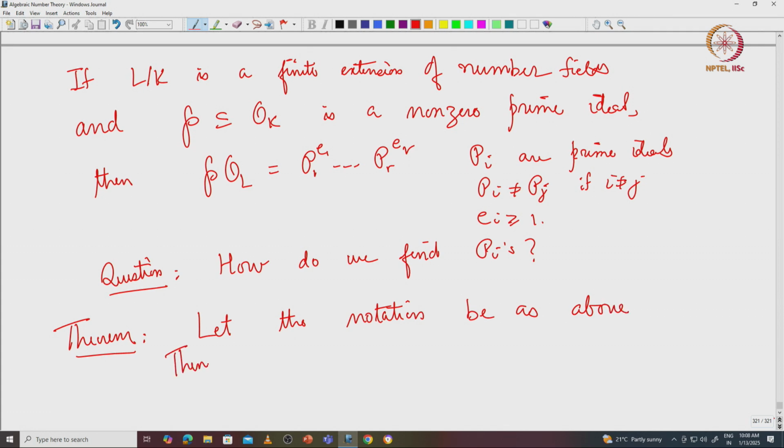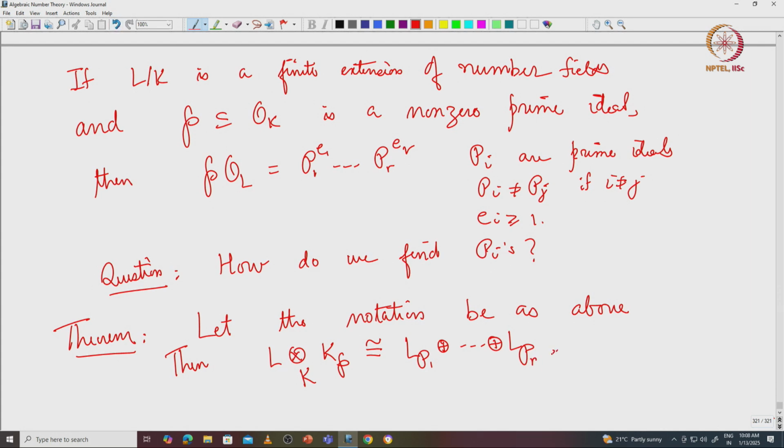Then, if I take the tensor product of L with K_P over K, this is isomorphic to L_P1 direct sum L_P2 direct sum L_P3 all the way up to L_PR.